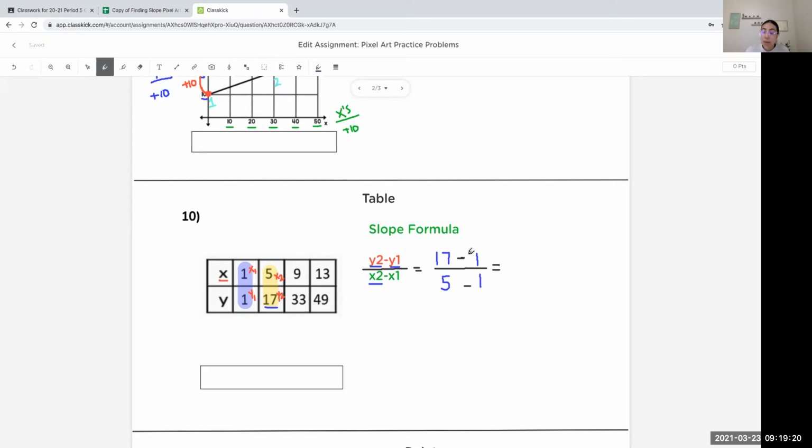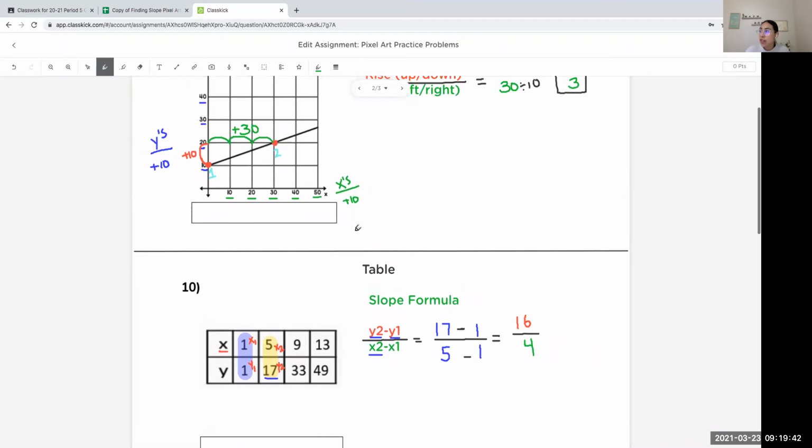So 17 minus 1, that is 16, over 5 minus 1, which is 4. So that's it. That's basically our slope.